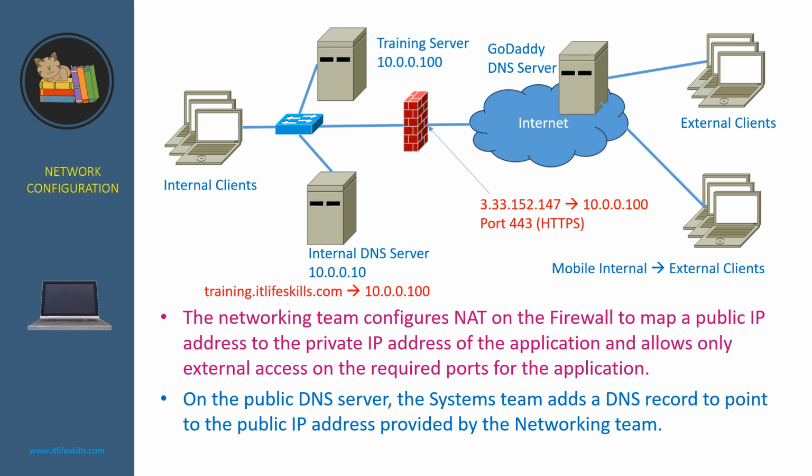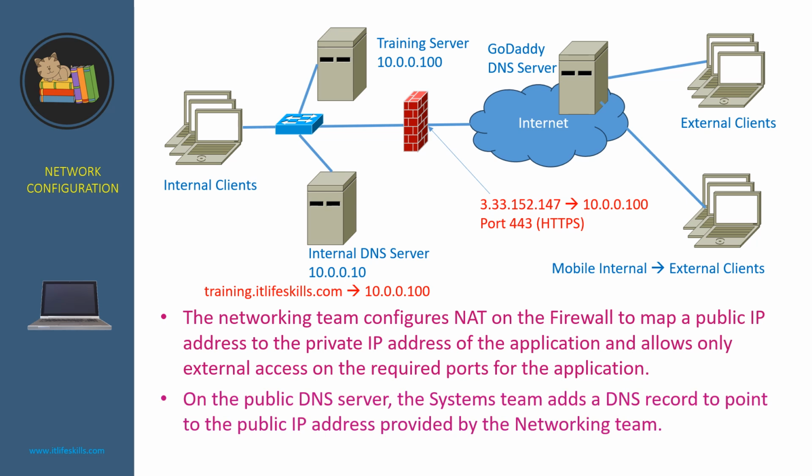For example, they configure the NAT rule to map 3.33.152.147 to 10.0.0.100 and allow access only on port 443, which means the external clients, when accessing this public IP address, can only get through the firewall on port 443. The networking team then provides the public IP address to the systems team.